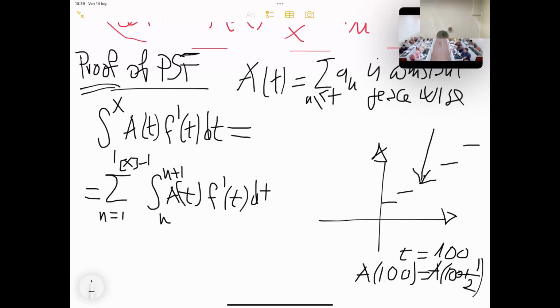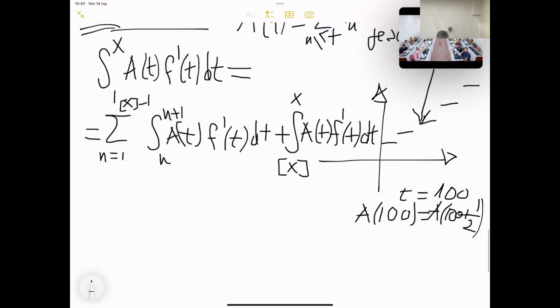And then I have to add a little tail here, which is the integral between the integer part of x and x of the same thing, A of t f prime of t dt. So I decompose that integral as the sum of these integrals.